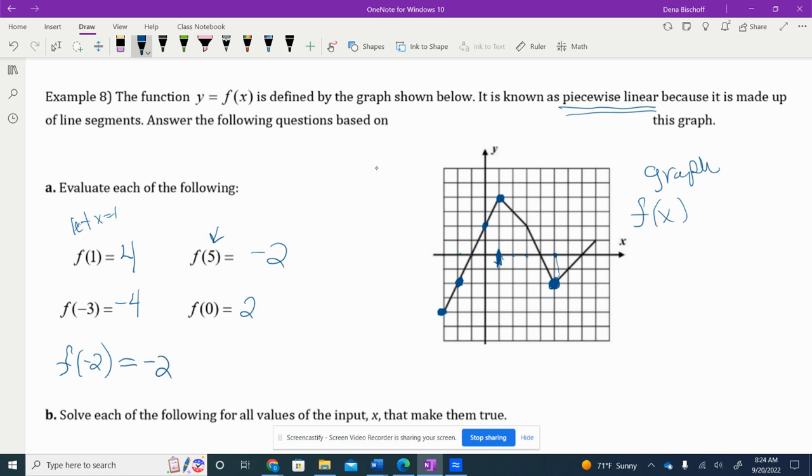So f of 5 says when x equals 5, the output is -2. That's what this says in terms of thinking about it. When x equals 5, the output is -2. Are you guys good with that?